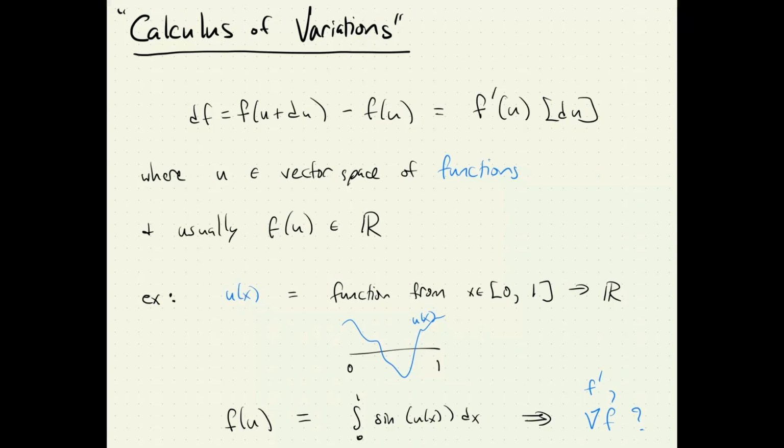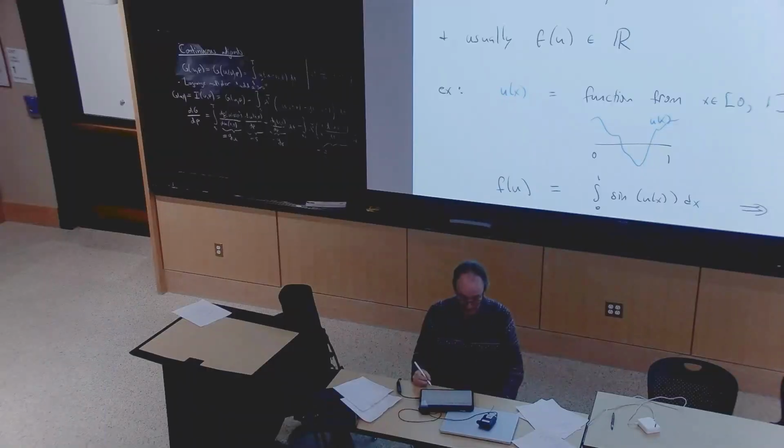So now with respect to a function. And it's going to be exactly the same definition to take a derivative. To take a derivative, I just need to linearize. I need to ask, how does f change for a small change in the input? Linearize it. And then to get one step further, to get a gradient, I'm going to need a dot product.